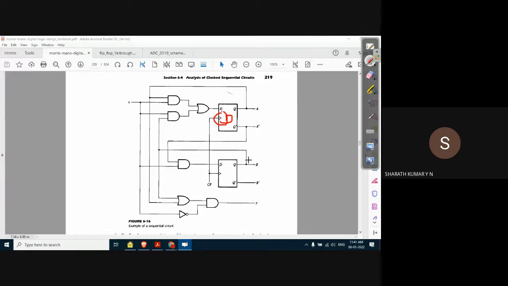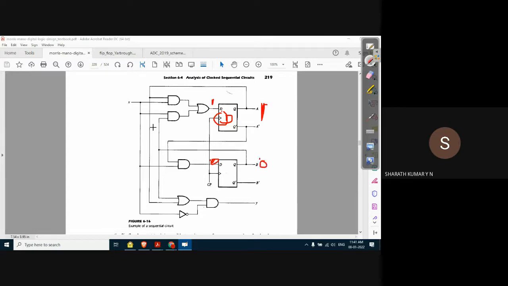Let's observe this circuit diagram. Let us not worry about the operation. I'm not interested in the operation now. What I'm trying to say is, one possibility is we can store the data into the flip flop by providing input to the flip flop. For example, if the D input is 1, the output of the first D flip flop becomes 1, and for the second flip flop, the input is 0, so the output becomes 0.